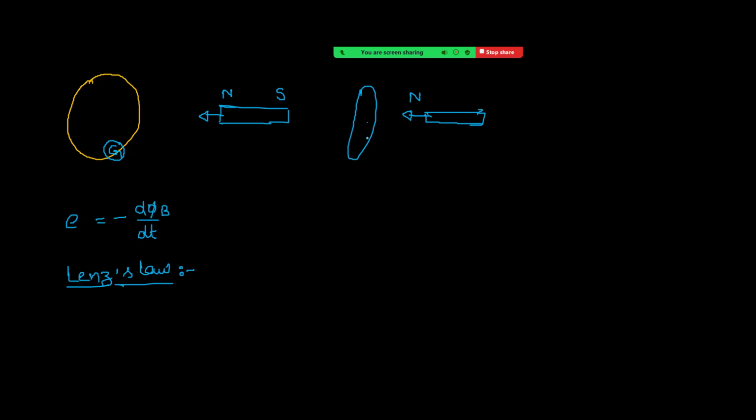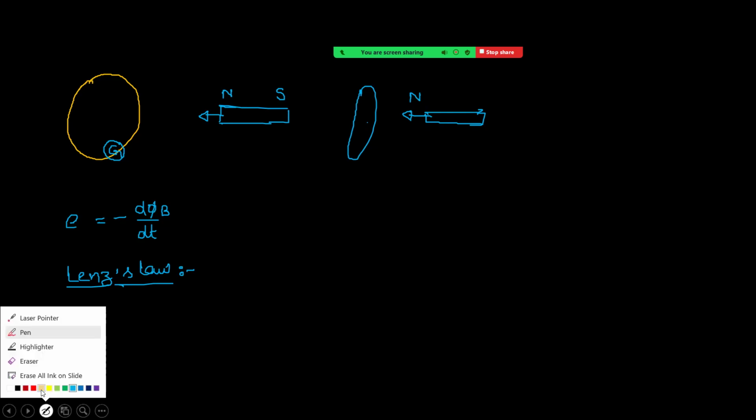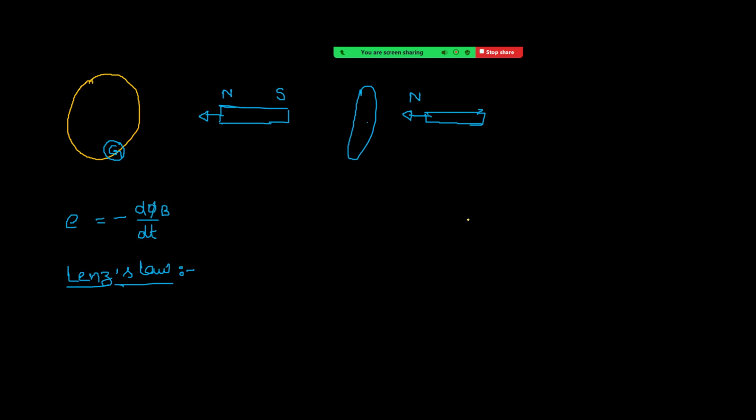Suppose you think in the reverse way: if this is the north pole, now this is becoming a south pole. Just assume what happens if this is a south pole. For example, we are placing this magnet on a smooth surface, which is horizontal. See carefully.